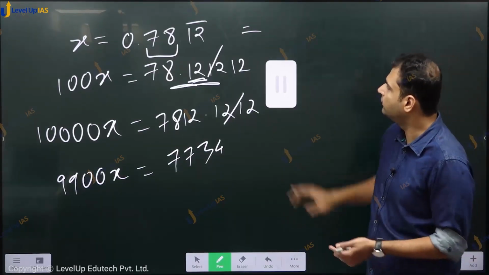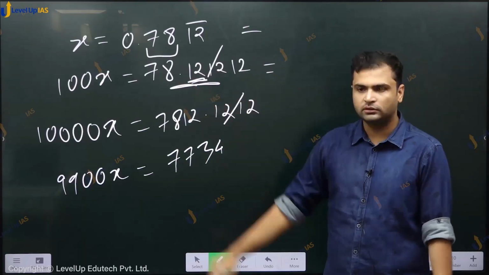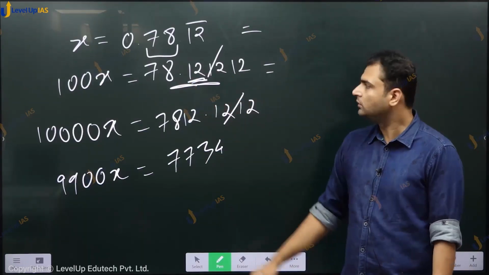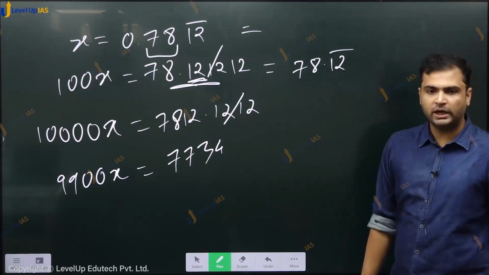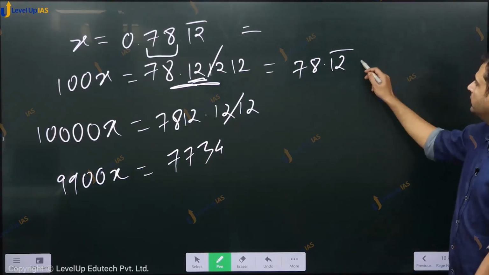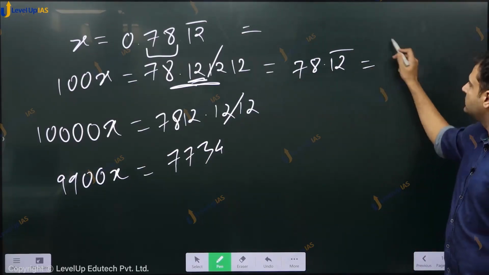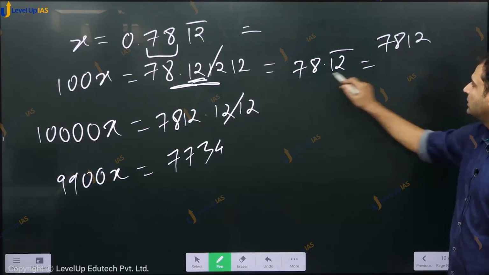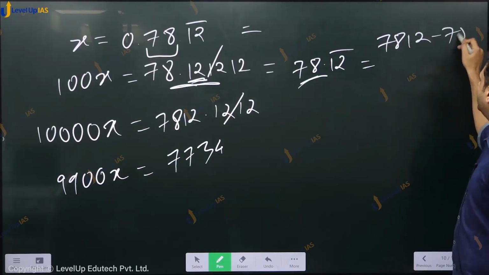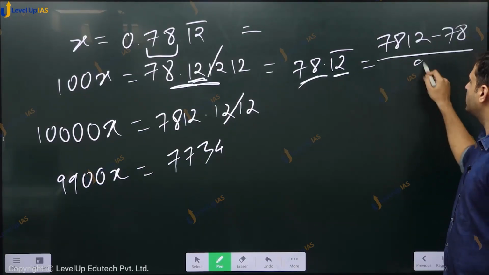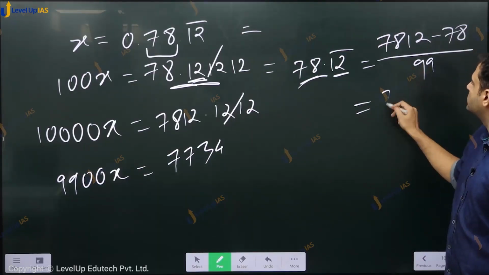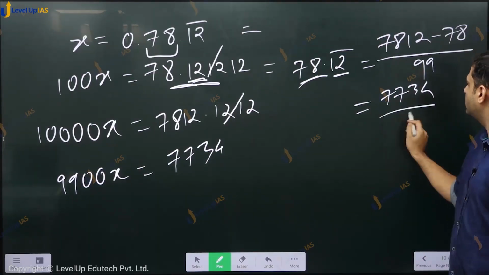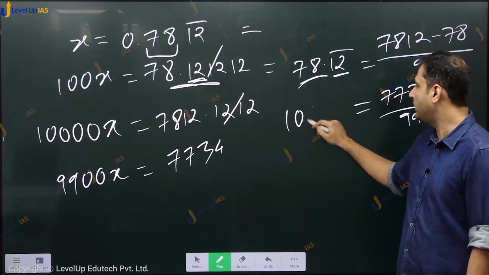What was the working rule for this? We firstly write it in terms of bar, right? Then we forget that there is decimal, 7812, and we subtract the integral part, and as many 9s as there are repetitions, so only 99. So this 7734 by 99 is 100x.